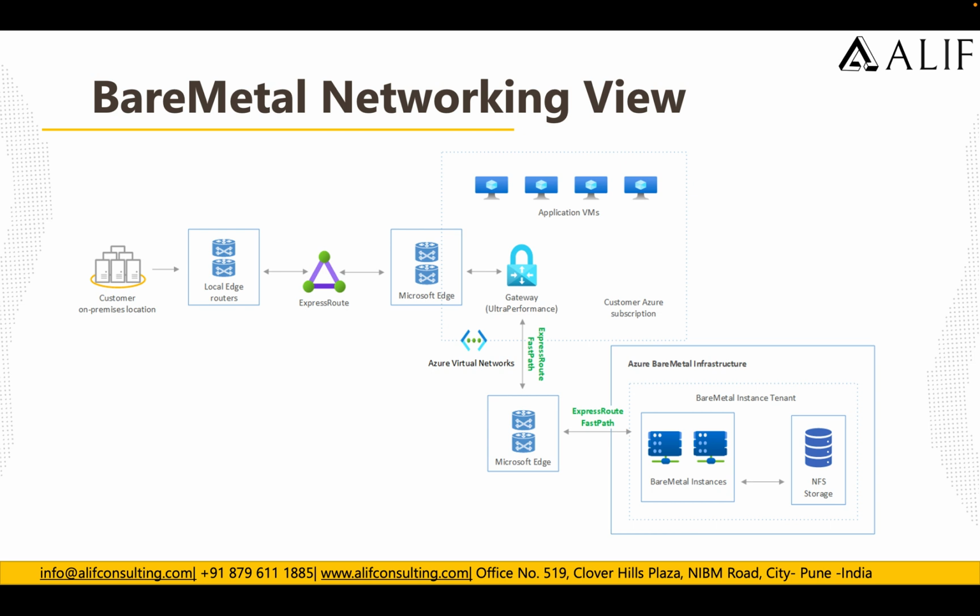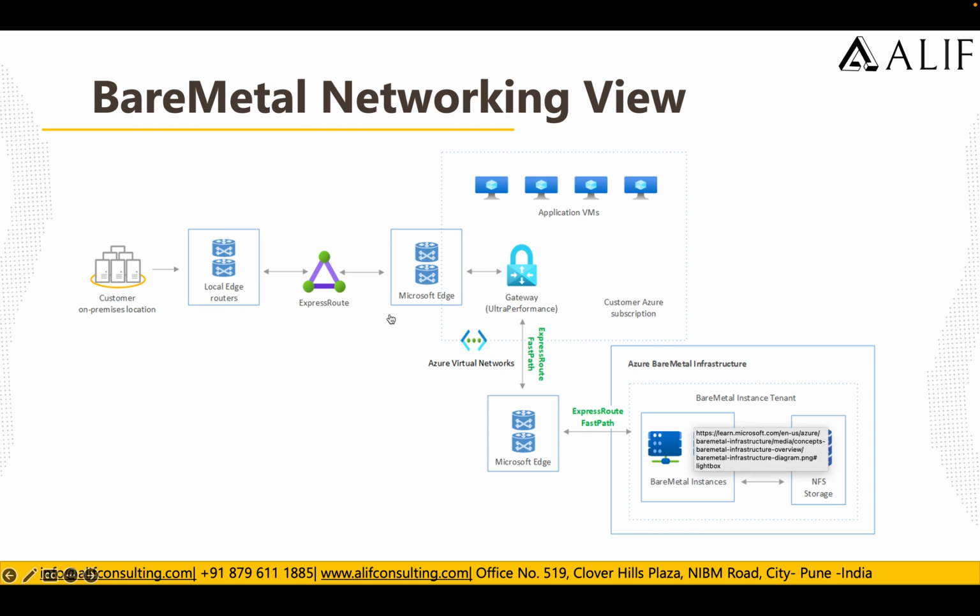So this is how your networking looks like. You can see you have a bare metal instance, and then you have an NFS storage account which is connected with the bare metal instance, and then you have ExpressRoute FastPath enabled, which allows the traffic to travel to the ExpressRoute gateway, and from there your data travels to the on-premises customer location, right?